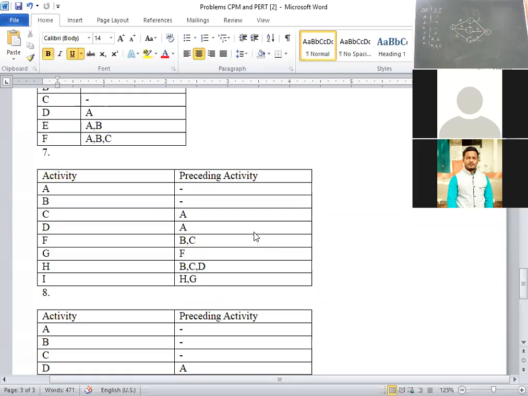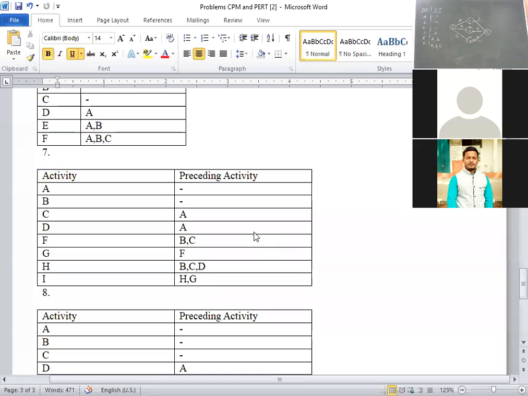7th one, try it out, students. Then we will go for 5th chapter, if you are able to draw the network diagram without mistakes. Try it out this problem and tell me how many nodes you got as well as how many dummy activities are applicable. Here, be careful. Activity E is not there in the given problem.